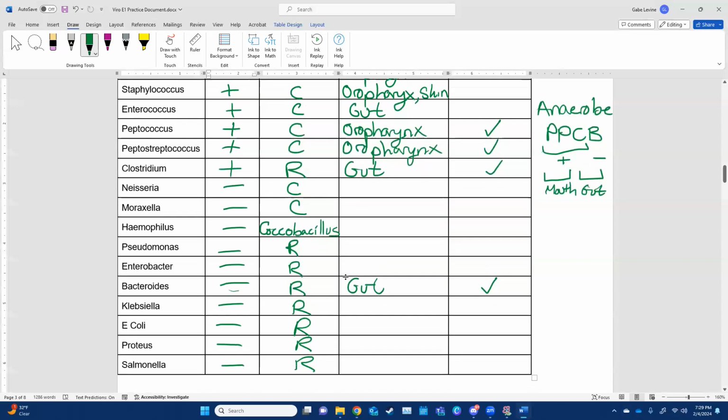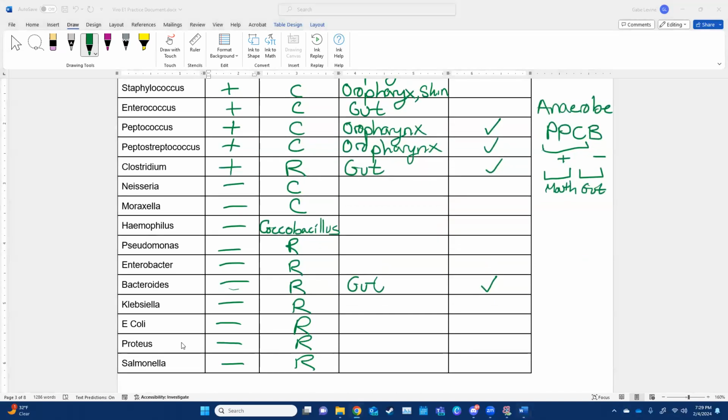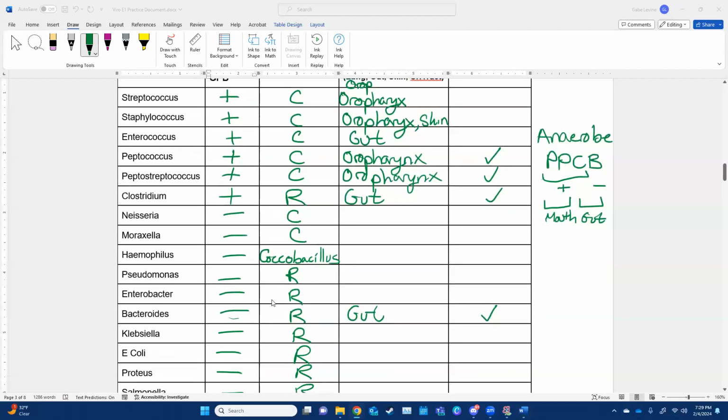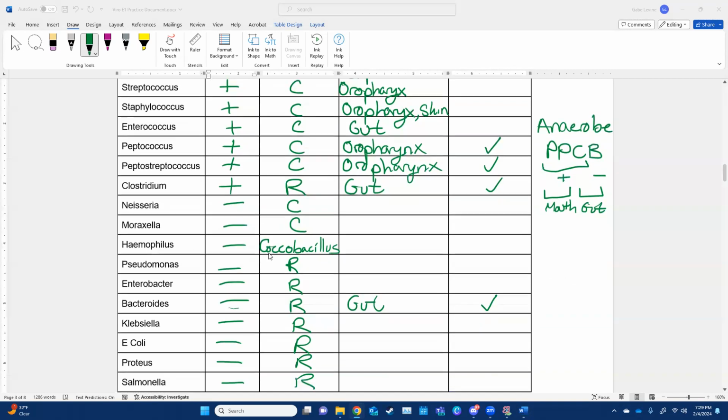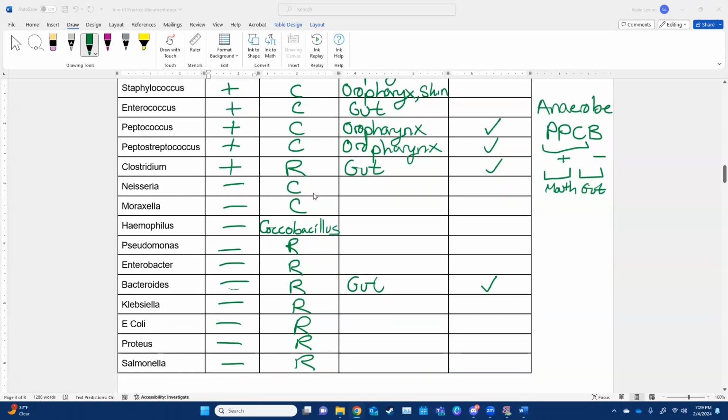So what I've done here is I've organized them by their shape. As much as possible, I tried to keep things connected so you can see them. So here you can see Neisseria, Moraxella, only gram-negative cocci. Everything else is a rod, where Haemophilus is like this in between.